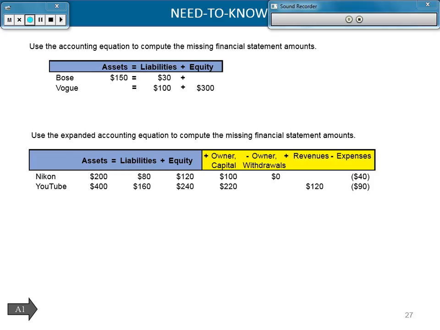You've got revenues and expenses. Do we know what withdrawals are? Why do we say 60? Because of the owner's capital?